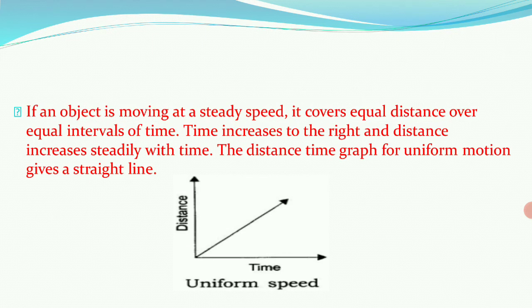Next, if an object is moving with steady speed, meaning it covers equal distances in equal intervals of time, that is uniform speed, then time increases to the right and the distance also increases steadily. The distance-time graph of uniform motion gives a straight line.